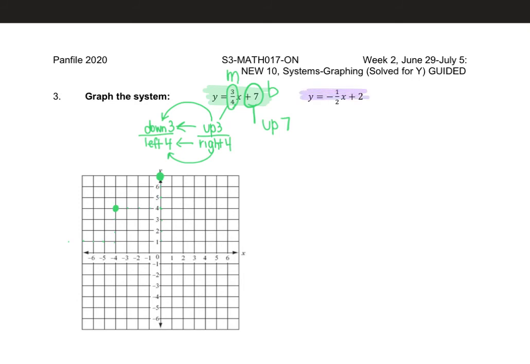Here's my other one. This is my B. So I'm up 2. Here's my slope. Now see how my negative is out in front? I want to attach it to either my up or my down, but not both.